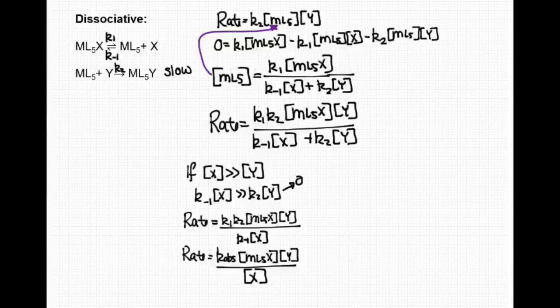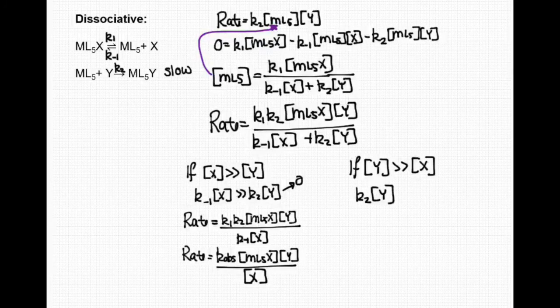We can also consider, if we back up a little bit, what happens if instead of adding a whole bunch of leaving ligand, we add a whole bunch of incoming ligand? If we do that, then in the denominator of the rate law, the K2Y term will dominate and will be much larger than the reverse term.